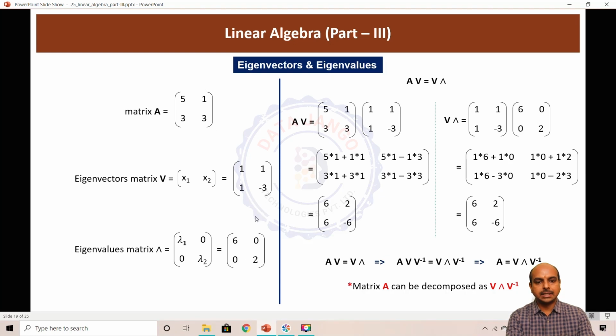This matrix is decomposed into two matrices. So now I can say the 1 1 vector and the 1 minus 3 vector have extracted the essence in the data, or the specific behavior of the matrix A, and the 6 and 2 are the signifying factors, quantifying what the vectors extracted. The 1 1 vector extracted quantity 6. What is that quantity? We'll see in a moment, when we do PCA.